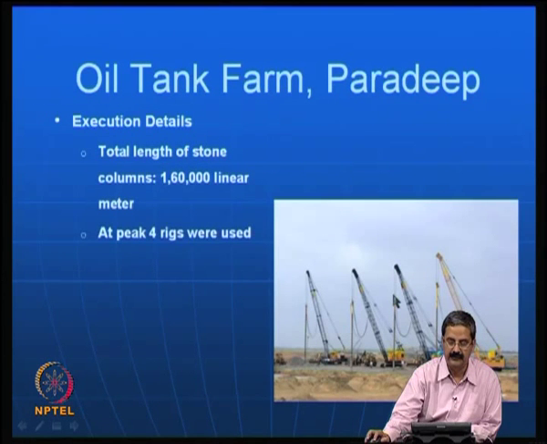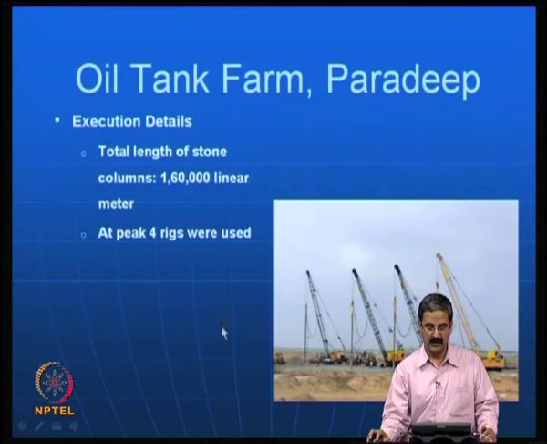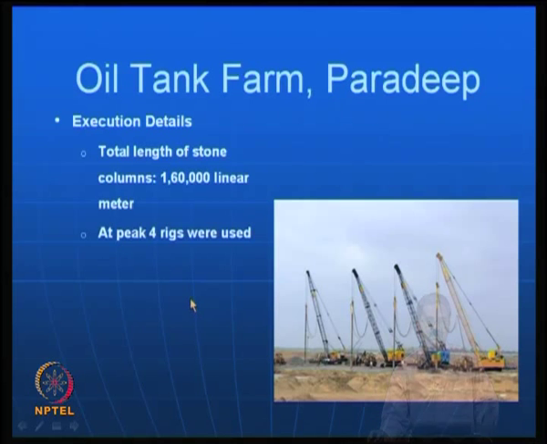Total length of the stone columns is about 1,60,000 linear meters. They were able to use 4 rigs, because you need to mobilize and speed up the construction process, so you need to have more rigs to do that. Installation period was 8 months.